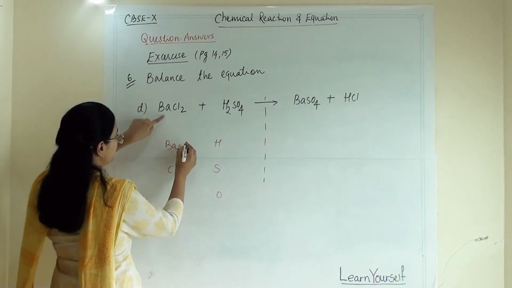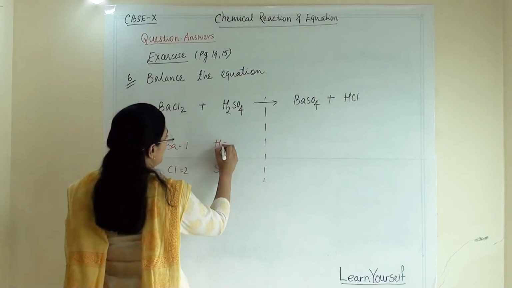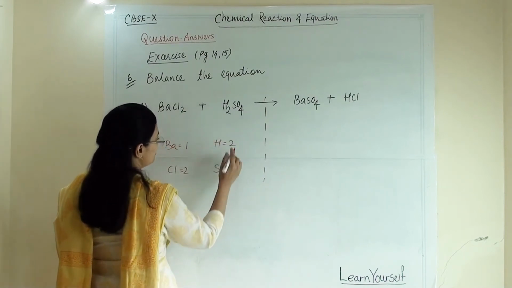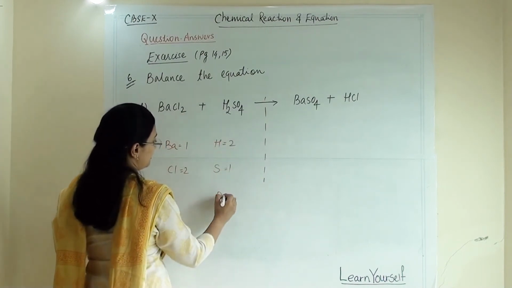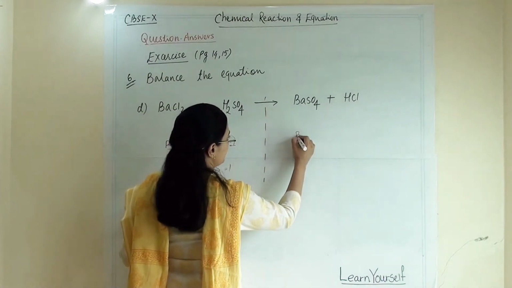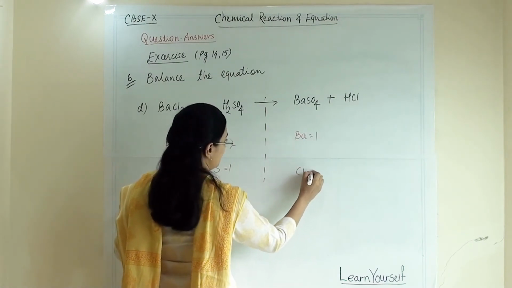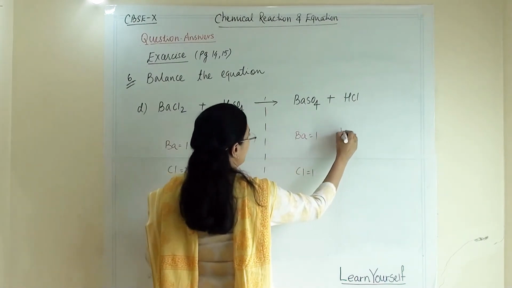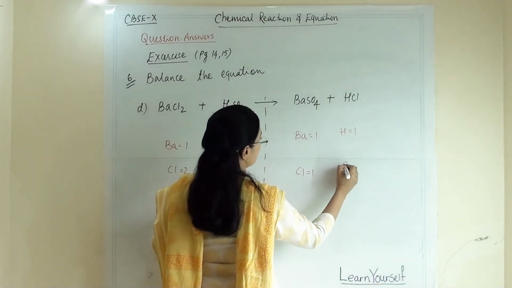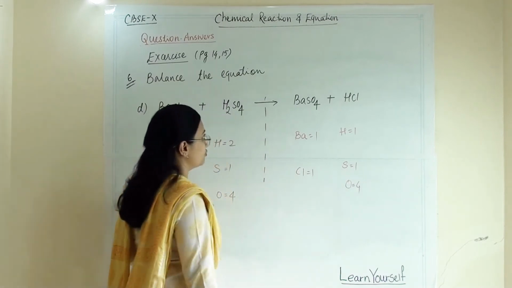How many barium is there? 1. Chlorine 2. Hydrogen are 2, sulfur 1 and oxygen are 4. Now towards product side, Ba 1, then Cl 1, hydrogen 1, sulfur 1, oxygen 4.